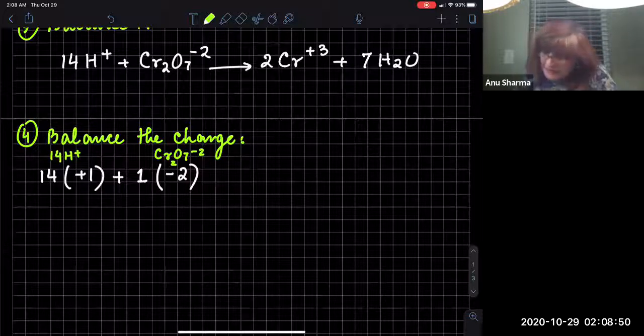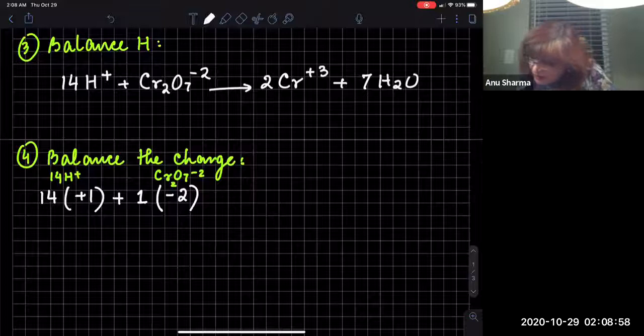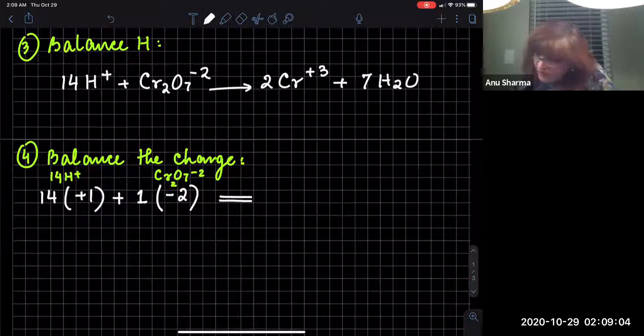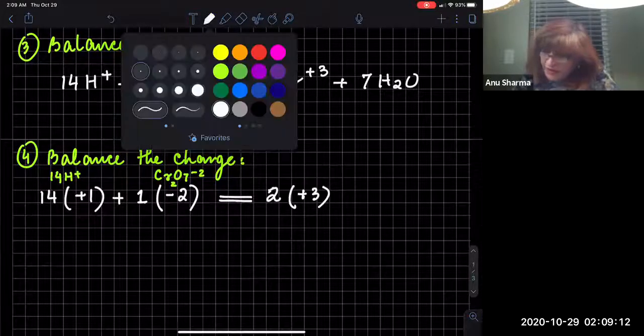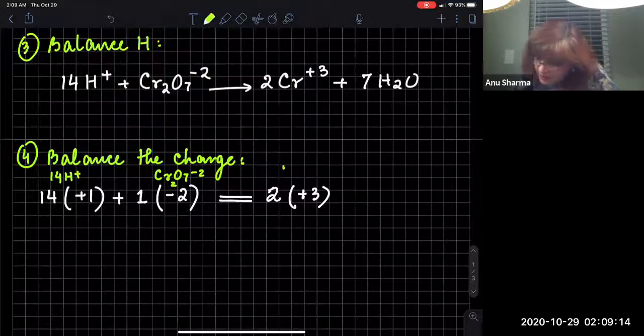Okay, next we are going to bring the charges on the other side also, and because we need to balance the charges, that's why I added the equal sign. So here we have 6, in other words 2 times +3 charges, and that is coming from the chromium, Cr +3, and that's 2.